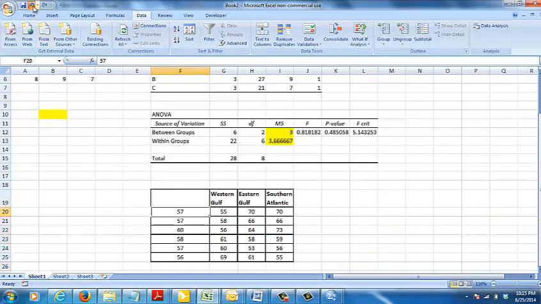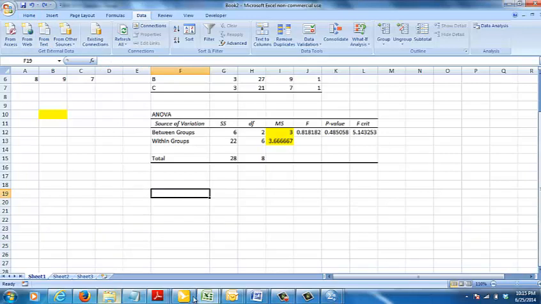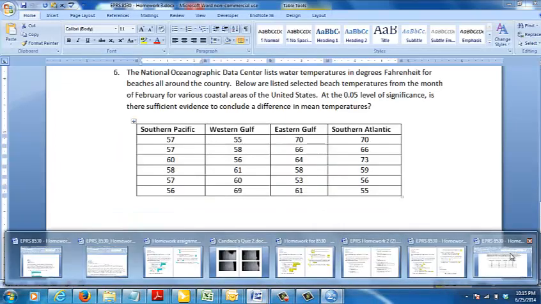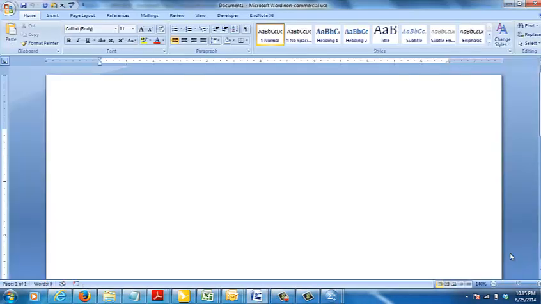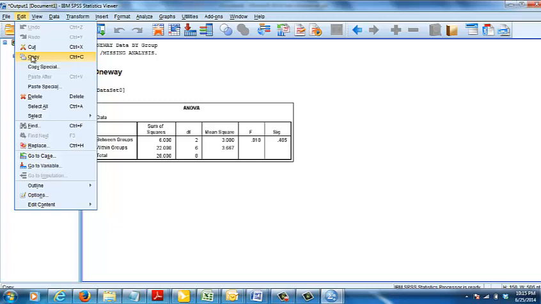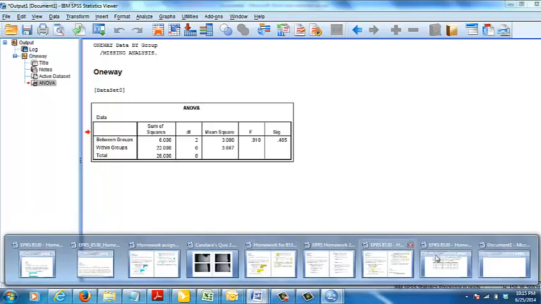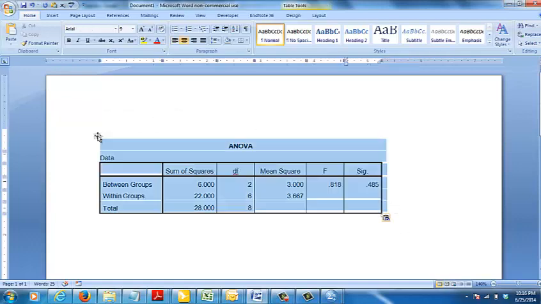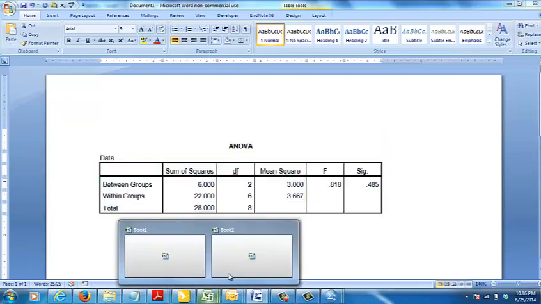I'll go back to SPSS, copy it, go to Word, a new Word, and paste it. I'm still not copying it. This time, don't be difficult. Edit, copy. Good, I think I actually copied it that time. And I did. Then I can take this and put it in Excel, and you can compare your outputs.